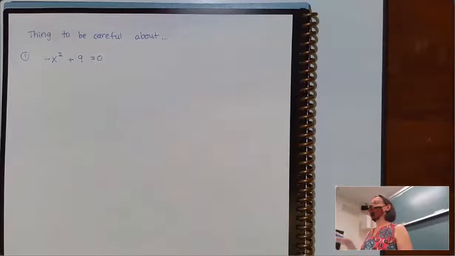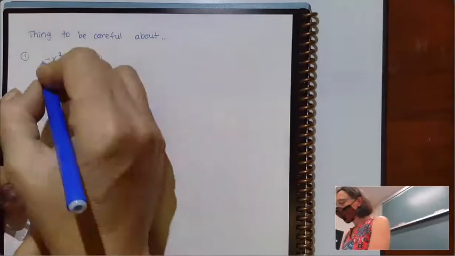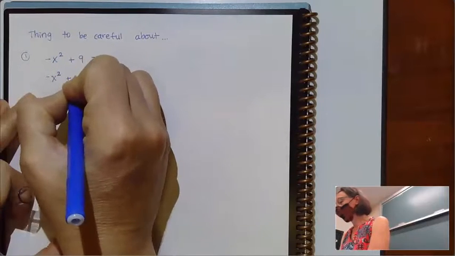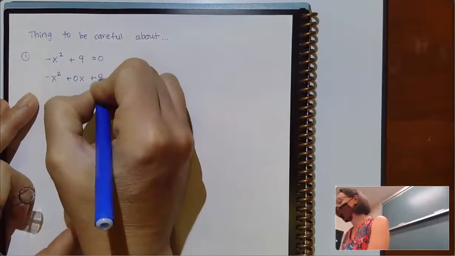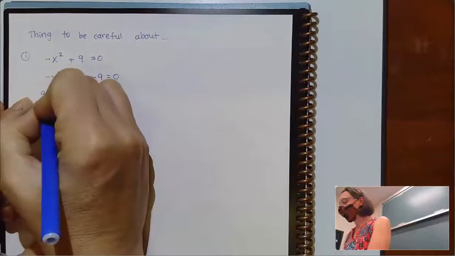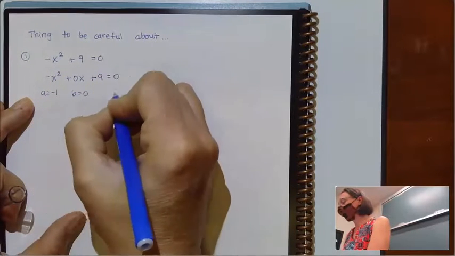I'm guessing you probably wouldn't use quadratic formula to solve this. It would be fine, but if we're going to use quadratic formula, we really need to think about this as saying 0x plus 9 in there, because a would be negative 1, b would be 0, and c would be 9.